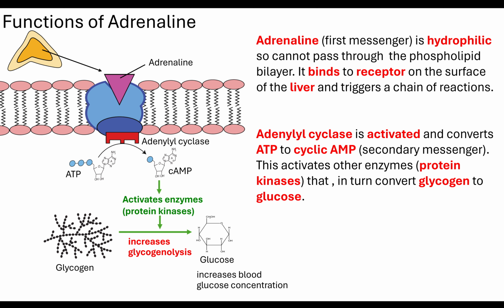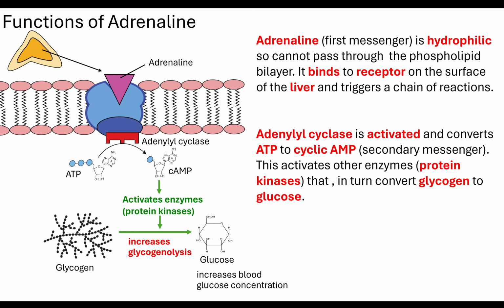And these other enzymes are known as protein kinases. And in the case of glycogenolysis, this protein kinase is going to convert the glycogen to glucose. So we're going to activate enzymes, these protein kinases, and they are going to therefore break down the glycosidic bonds, hydrolyzing the glycogen down into glucose.